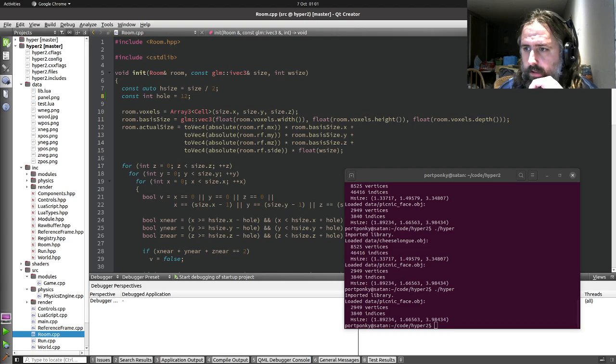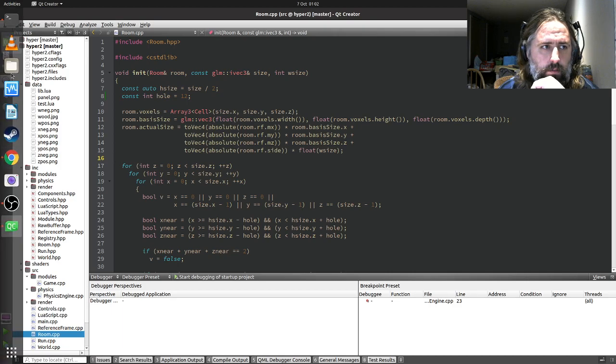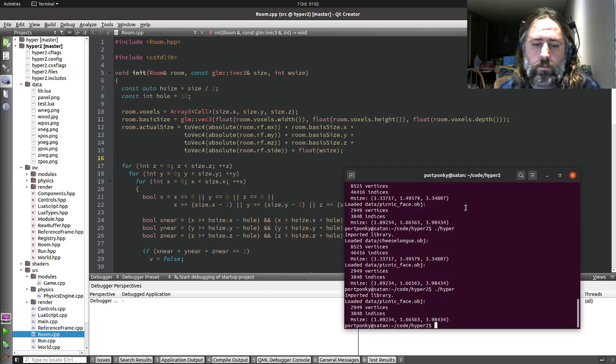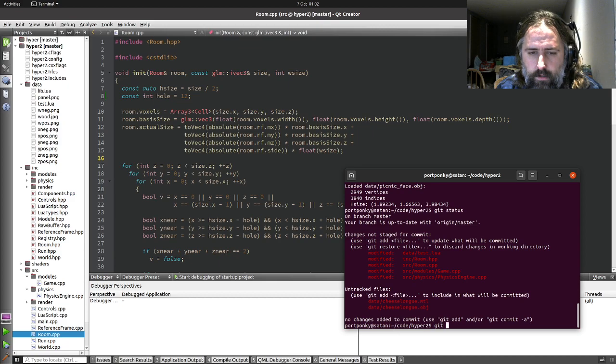And one way to do that is to stop mangling the changes.